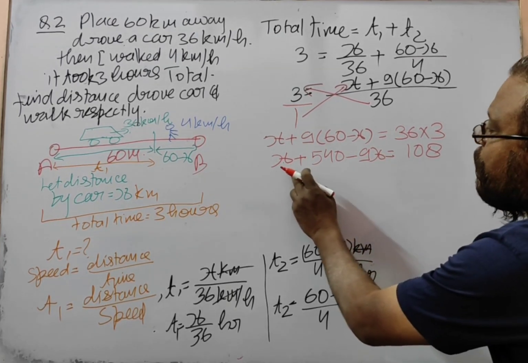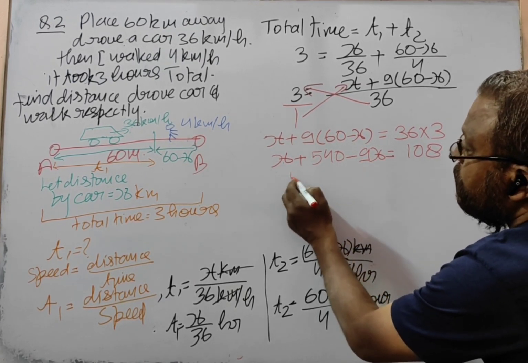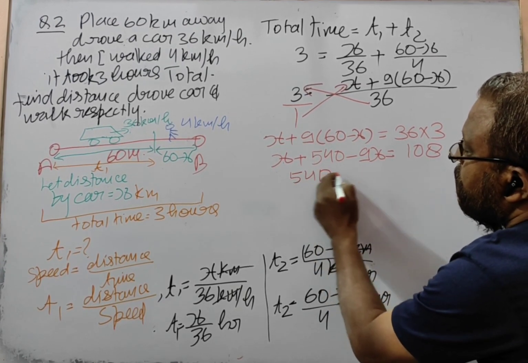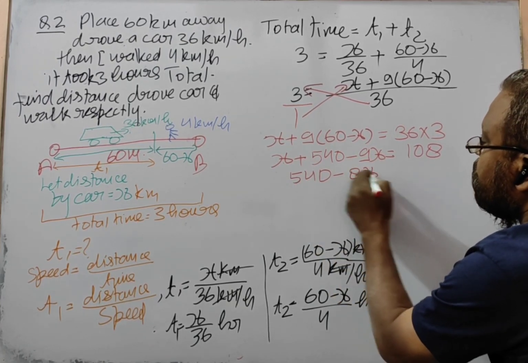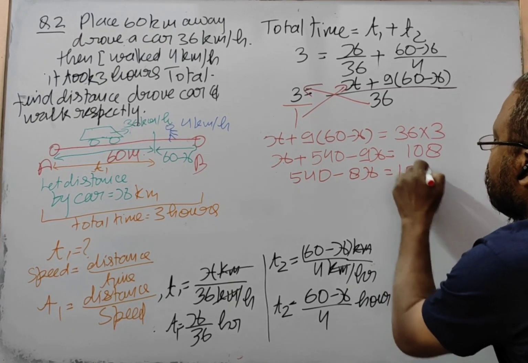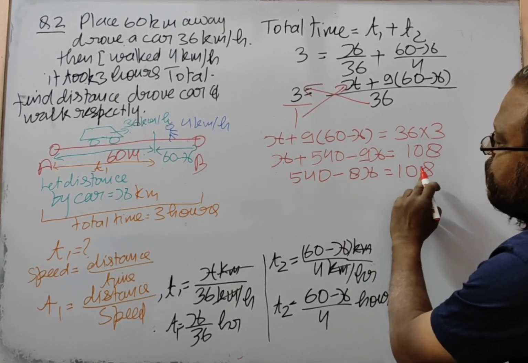So what we do, this x minus 9x becomes minus 8x is equal to 108. You bring this 108 on the other side and minus 8x on this side.